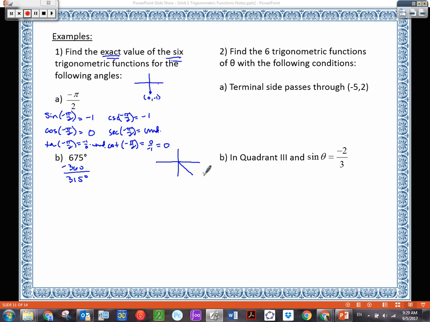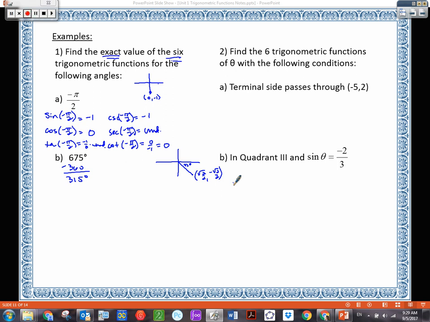This location, 315, that means this is 45 degrees, right? So at this location, my x value is going to be √2/2, and my y value is -√2/2 at 315.